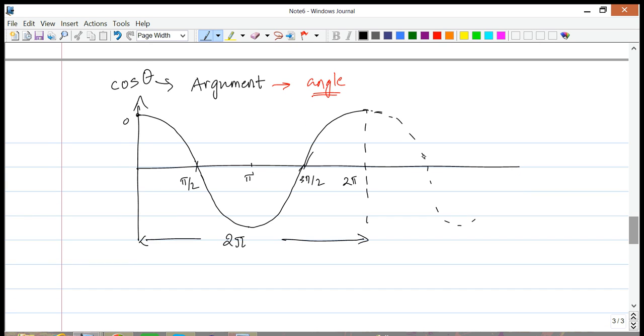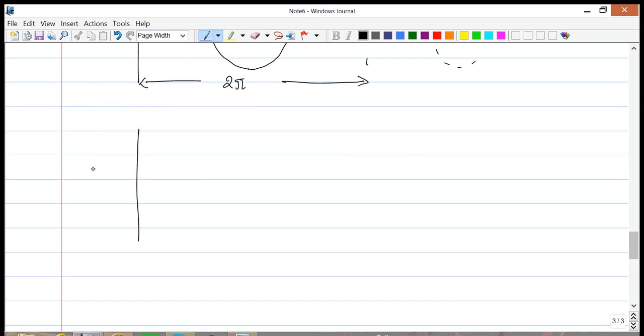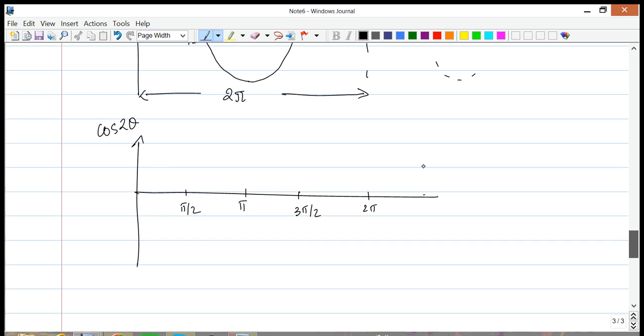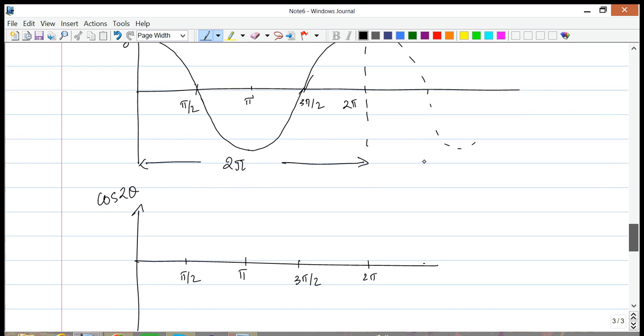Now cosine theta is easy to graph. What happens if instead of cosine of theta you have cosine of 2 theta? If you're trying to graph cosine of 2 theta, once again on the same axes, you have pi by 2, pi, 3 pi by 2, and then 2 pi. Now how do you go about graphing this? What is the change?